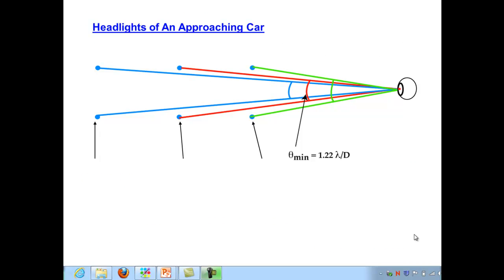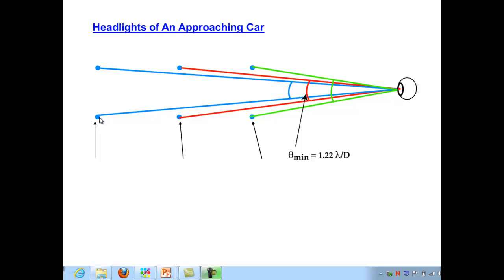Let me give a tangible illustration for a problem that's similar to the one I'm going to work out in just a moment, and that is resolving the headlights of an oncoming car. So we see on the far left-hand side the headlights on the car when we, on the right-hand side with this sketch of your eye, are looking at them. And so you can see that the angle of separation varies with the distance.